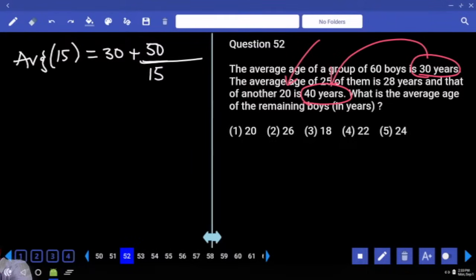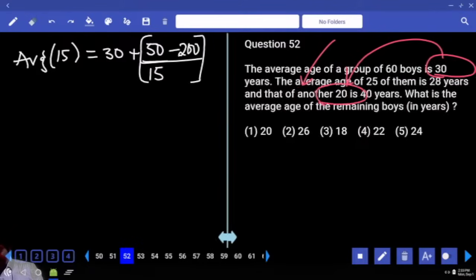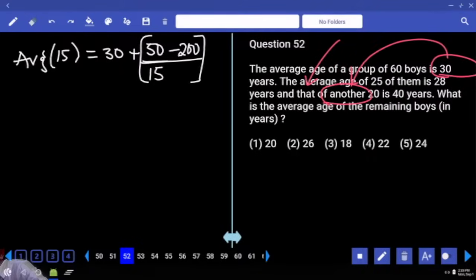Reverse effect. Do we have to add or subtract? Subtract 200. Plus 50 minus 200, numerator minus 150, divided by 15, minus 10. Subtract it from 30. Answer 20, first option. Clear?